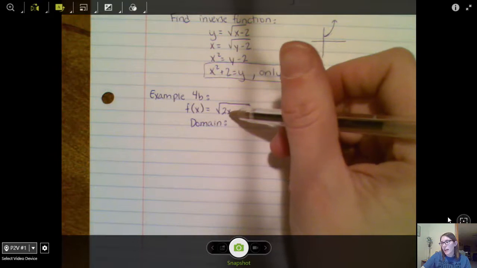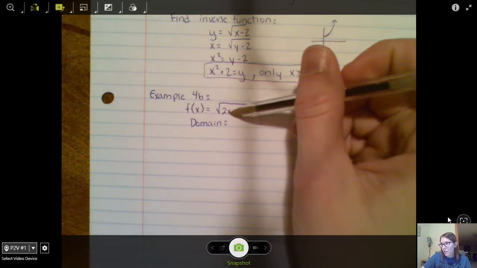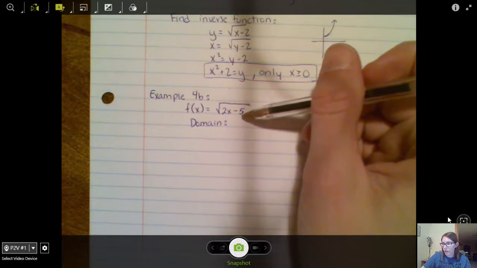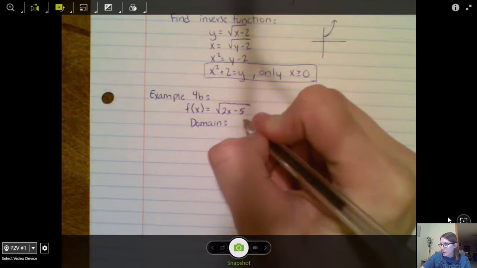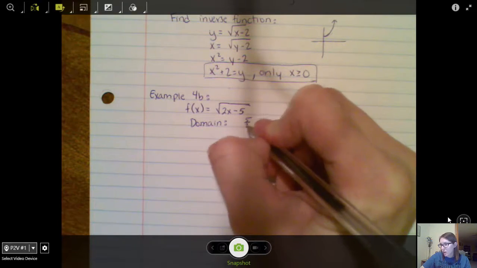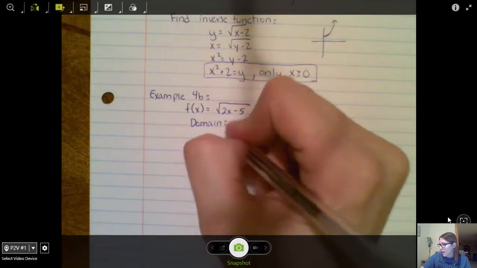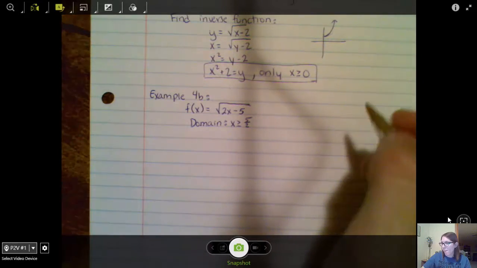The smallest x value that I could use, even if I did 2 times 2 is 4 minus 5, I'm still square rooting a negative number. The smallest x value I could use is 5 halves, or 2.5, but 5 halves, we like fractions. So my domain is really x is greater than or equal to 5 halves.